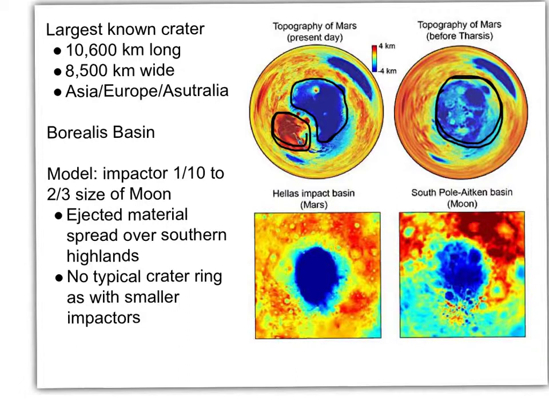We really have no idea what the axial tilt of the Earth was before this impact, but afterwards we know it's been about 23 degrees from vertical. So clearly these very large impactors can have significant effects on their planet.